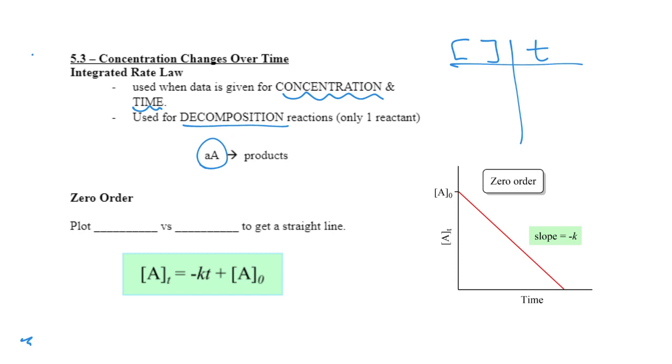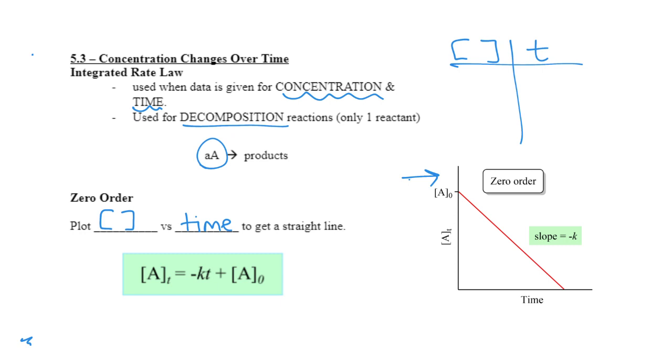So if the reaction is a 0 order reaction, when we graph the concentration versus time, if that gives us a straight line that looks like this graph over here on the right, then that would be a 0 order reaction. Now, as far as equations, we would still write the rate law equation the same way that we did before.